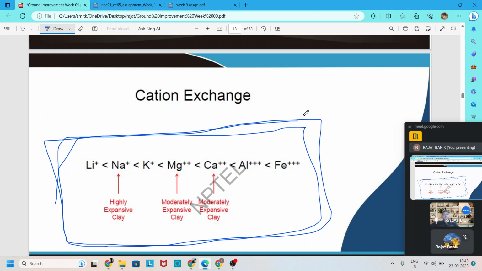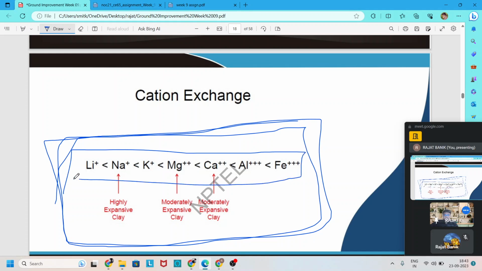So we know that this reaction is happening, and it depends on different factors, like whether it is monovalent, divalent or trivalent, the outer electrons, the attraction between the electrons and the protons, or the radius of the atoms. In different ways this ion exchange happens.